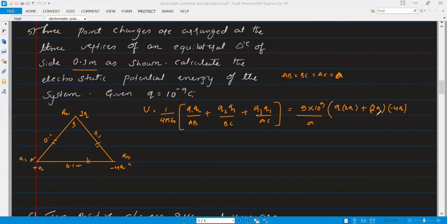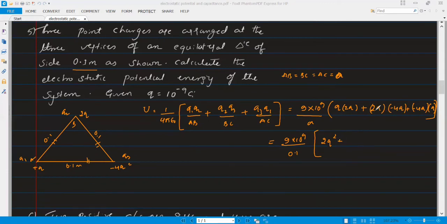Next, Q3 Q1, plus here we write minus 4Q into Q. So this is our formula. This can be done as 9 into 10 to the power of 9 divided by A, which is given as 0.1, into the bracket. We can write this as Q into 2Q is 2Q square, plus 2 4s 8.